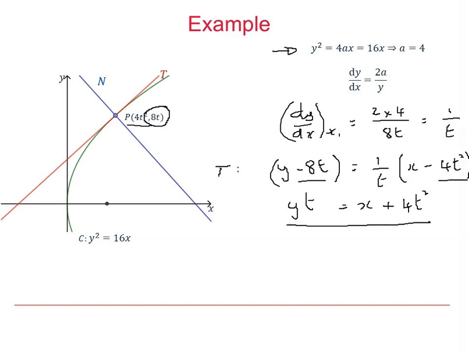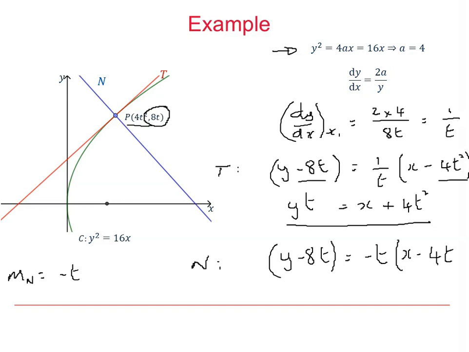The equation of the normal will be y minus 8t, so that's y minus y1. Now the gradient of the normal, mn, will be -1 over the gradient of the tangent, so that's going to be equal to negative t. So we get that y minus 8t is equal to negative t multiplied by x minus 4t squared, x minus x1.